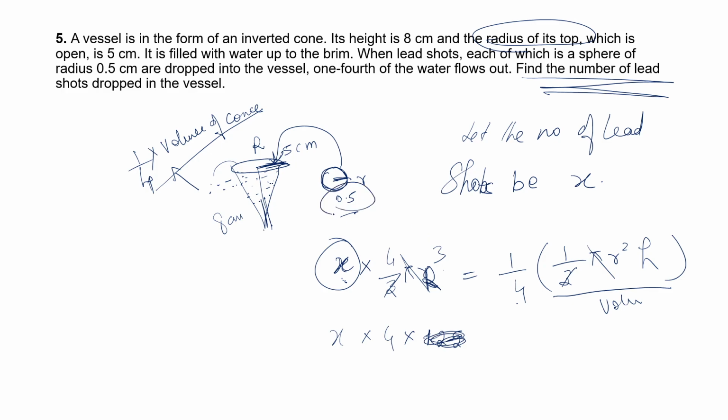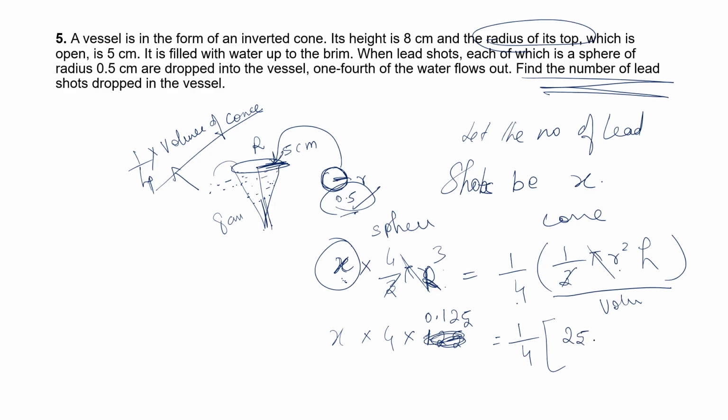This is 0.5. See here, this is of the sphere, and this is of the cone. This r is 0.5. So 555, but here we have to put the decimal, 125. 0.5 into 0.5 into 0.5, and here it is 1 by 4 into R square. This R is 5. 5 5 25.